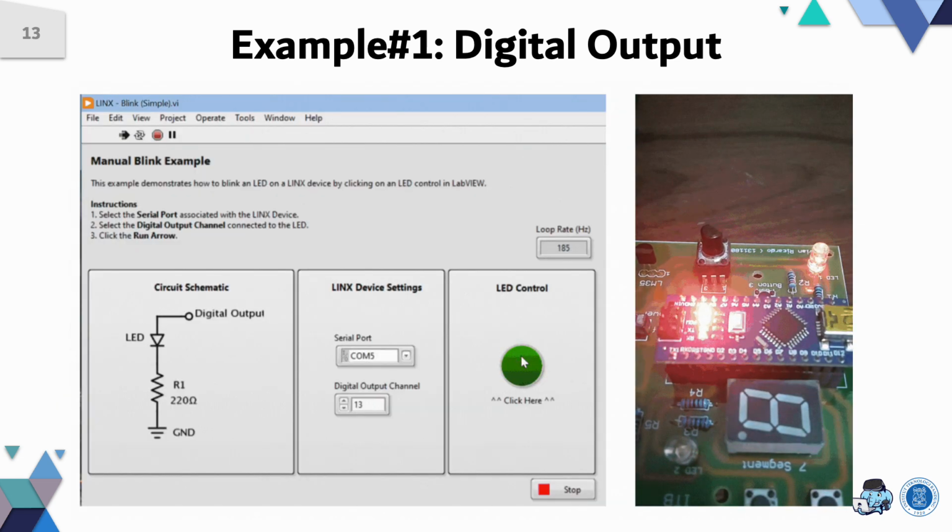And here is the result. You see that the blinking of the LED precisely follows the clicking of the button. When you click the button, the LED is turned on. So you can control hardware using this button.